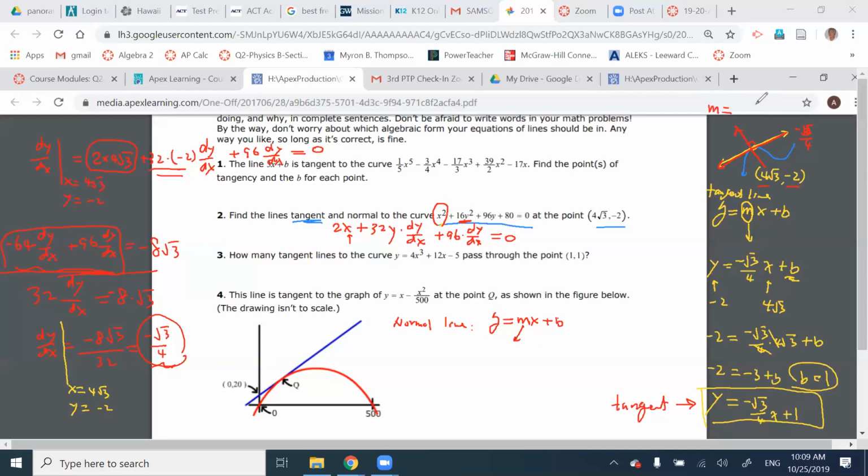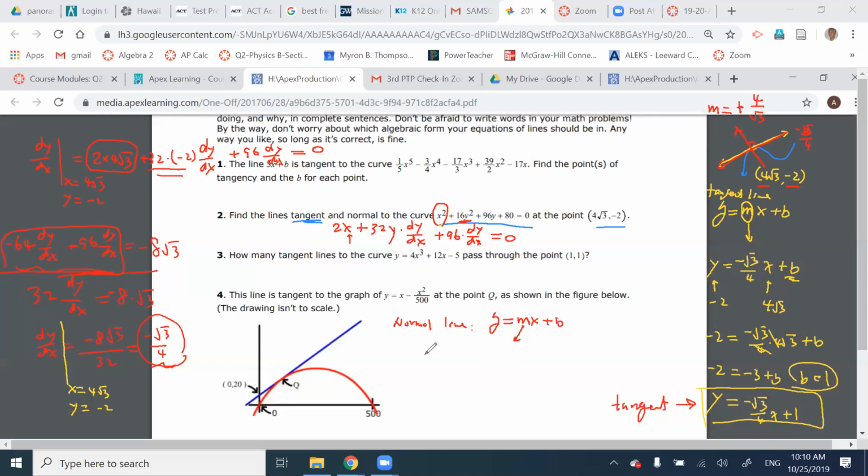Reciprocal equals 4 over √3. But it's not only the reciprocal, it's the opposite. So you should have a negative here. Oh no, positive here. Understand that? As long as you know the slope of one line, you can find the slope of the perpendicular line: just simply take the reciprocal and change the sign. That's algebra. No problem?